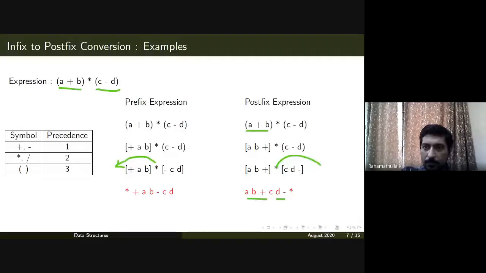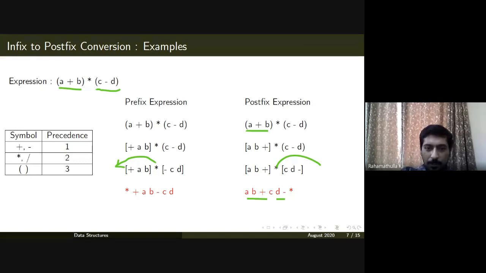Yes? Okay, okay. Is it visible now? Not visible? Yes, sir, now it's visible.